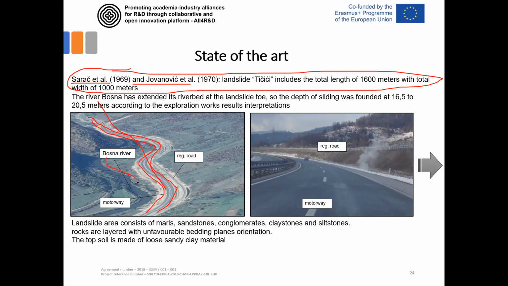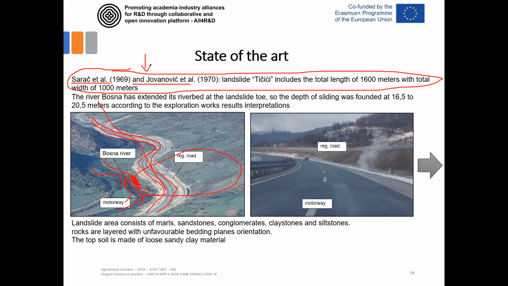Once again, at the bottom, we have the Bosna River basin. So the river flows down, and sometimes near this edge, the water can definitely influence the stability of the toe area, and so influence the stability of all the area above.